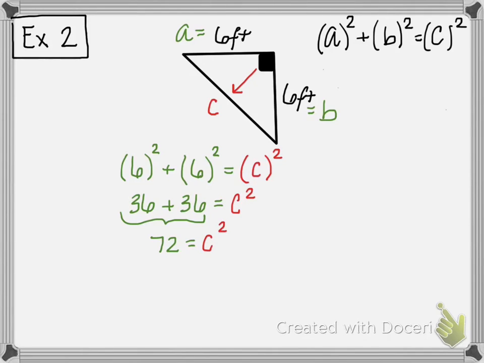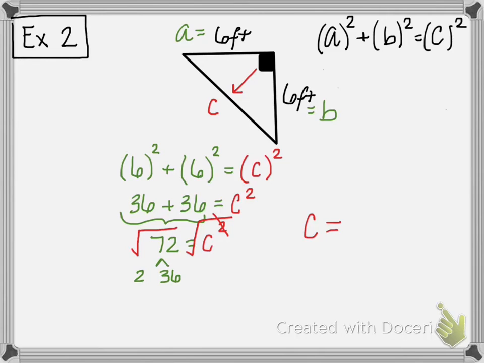Now to get rid of the squared, remember we need to take the square root of both sides, and that cancels out the squared and the square root, so I'm just left with C equals. But I want to go back to that 72 and try and break it down if I can. So 72 is really 2 times 36. Again, you can break this down however you want to.